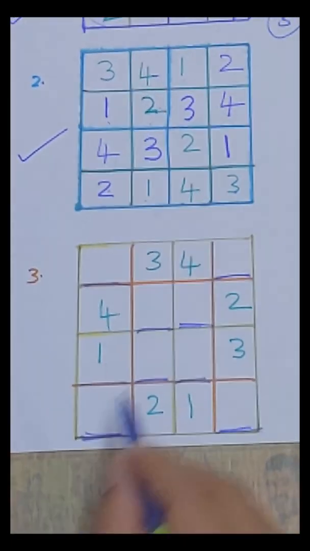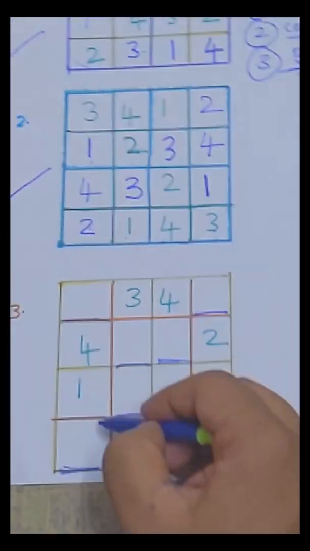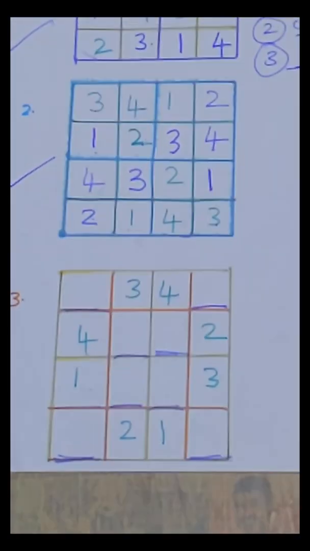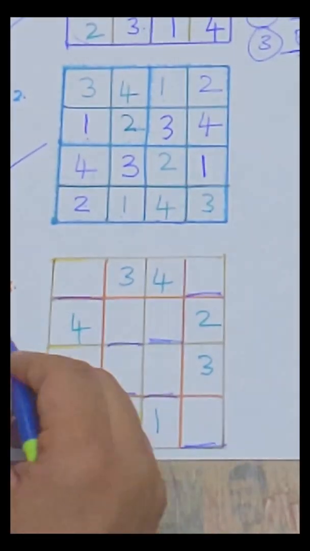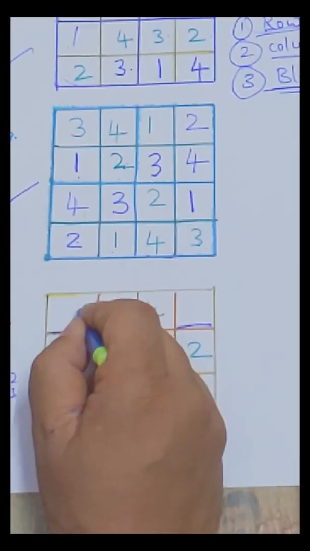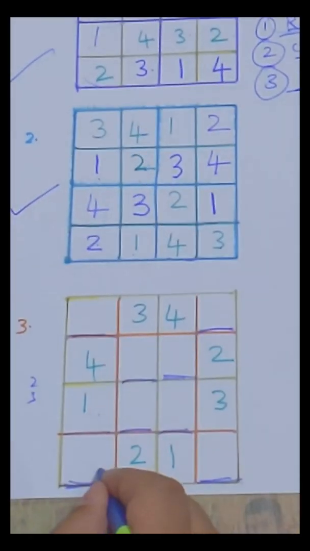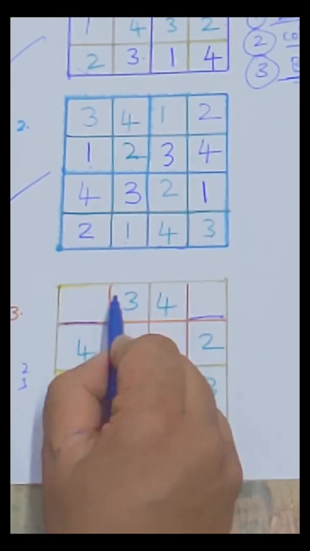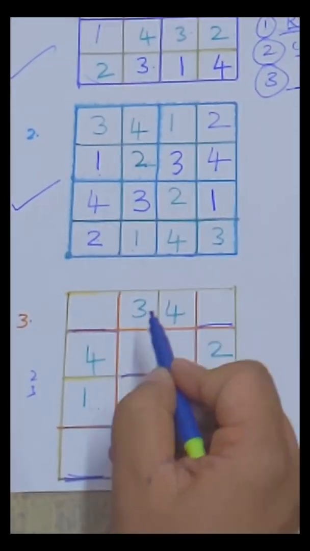First, I will solve using a column rule. 1, 4 is there. So what is remaining? 2 and 3 are remaining in this column. Either 2 or 3 should come here, and here also either 2 or 3. Can 2 come here? Yes, 2 can come because 3, 4 are there. Can 2 come here?